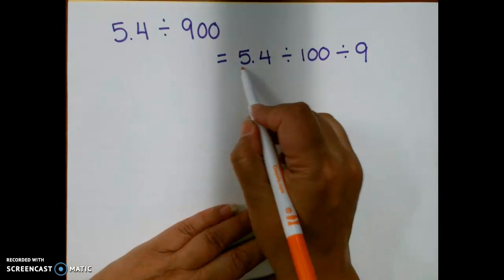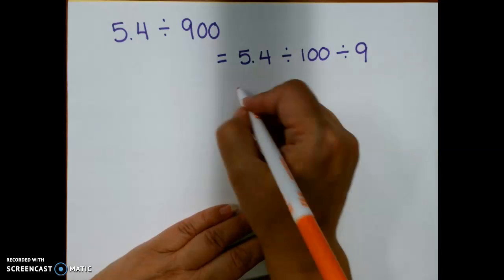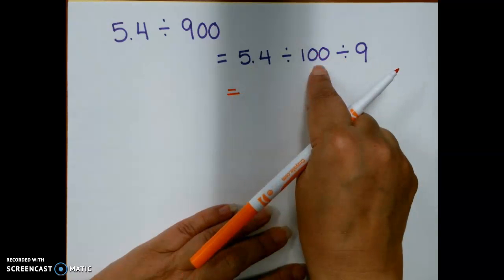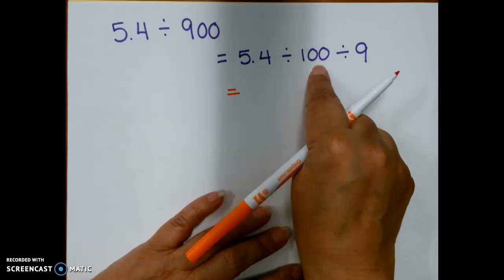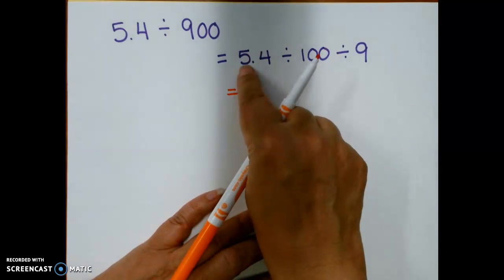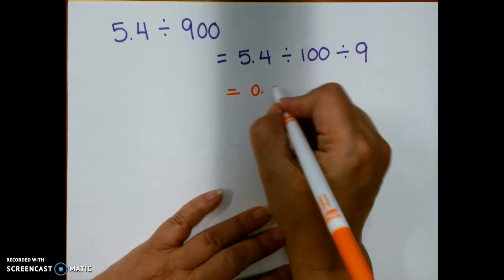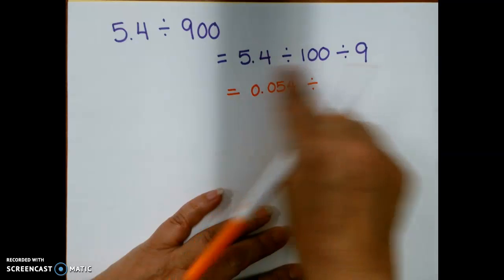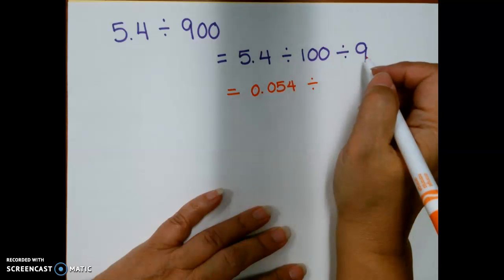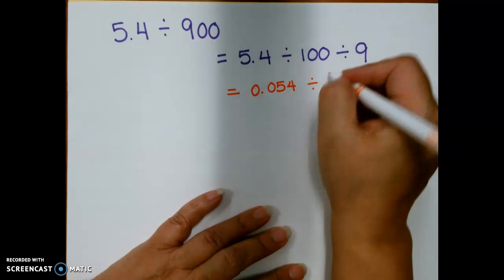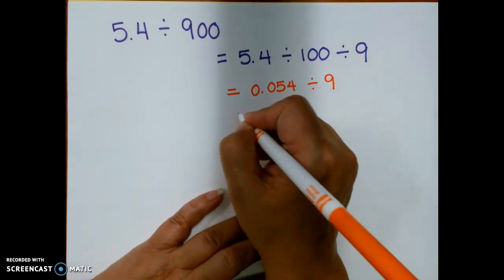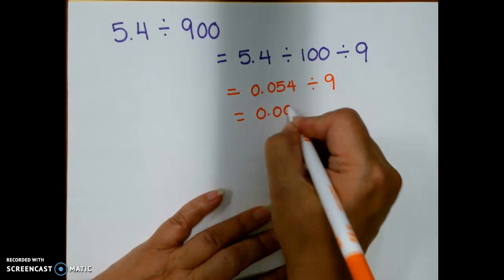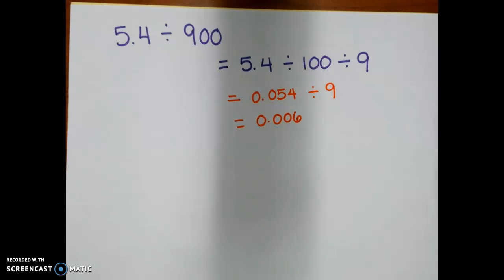So again, 5 and 4 tenths divided by 100, and then divide that quotient by 9. 5 and 4 tenths divided by 100 is 54 thousandths, and then I'm going to divide that by 9, and 54 thousandths divided by 9 is 6 thousandths. Okay, go work on your problem set.